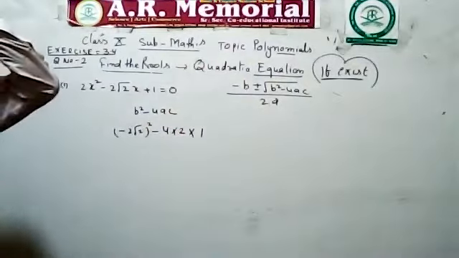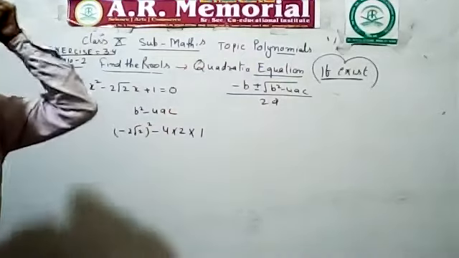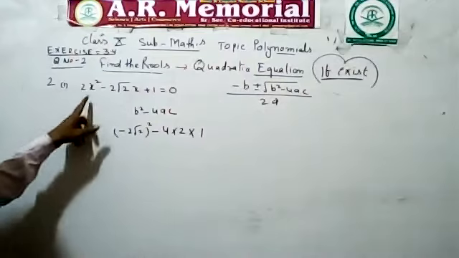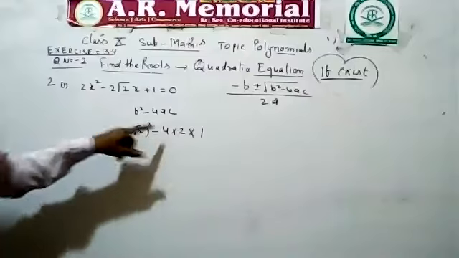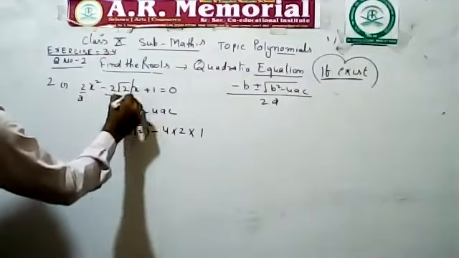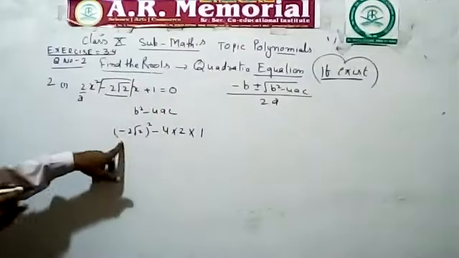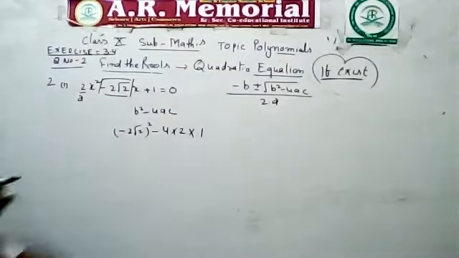Sir, from where do you get these values? You look carefully. A, this is the A. In place of A, 2 is there. This complete is B. So in place of B, it will become from the formula, and A. Here.